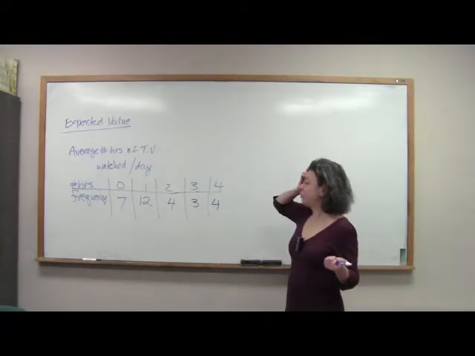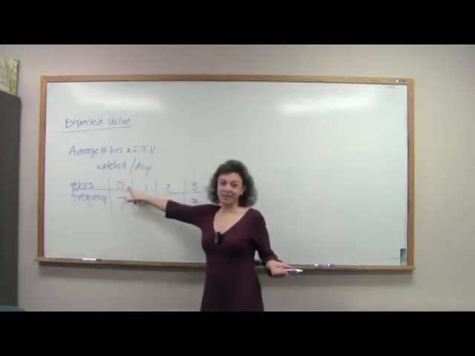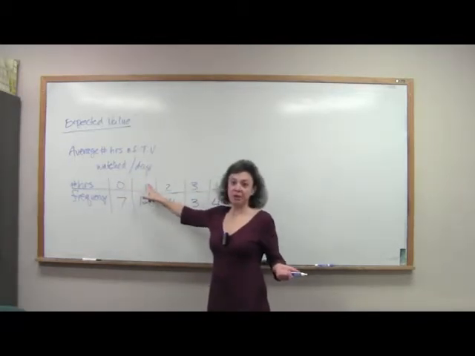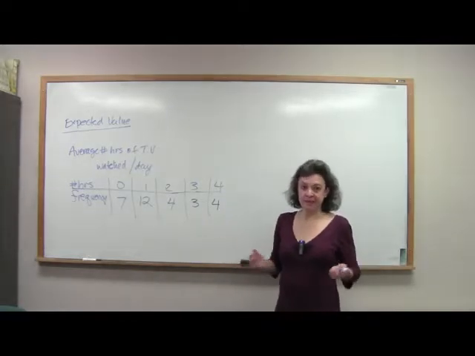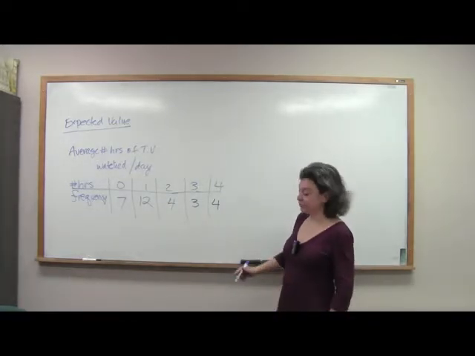So how would we do that? Well, yes, you could add 0 to itself 7 times, 1 to itself 12 times, etc. But we know that repeated addition is the same thing as multiplication.